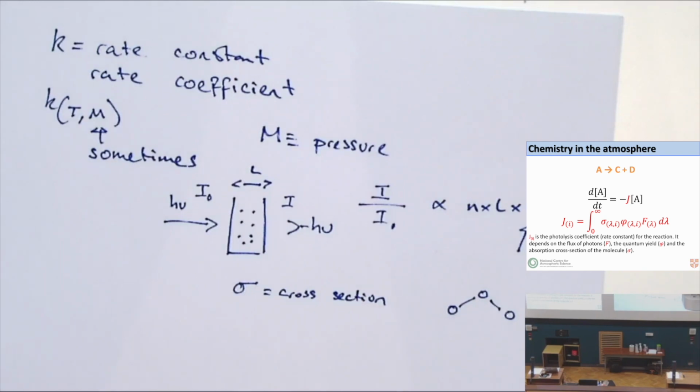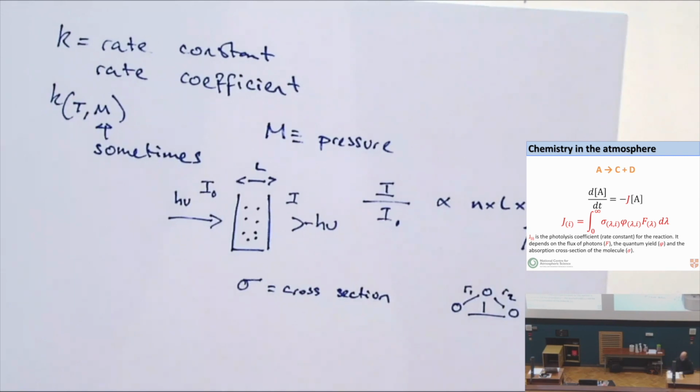What it doesn't mean is the geometric area of our ozone molecule. Because that geometric area is roughly like a triangle, right? So we could roughly work it out if we know the size of the bond lengths of our ozone molecule. We could say this is roughly how big an ozone molecule is.